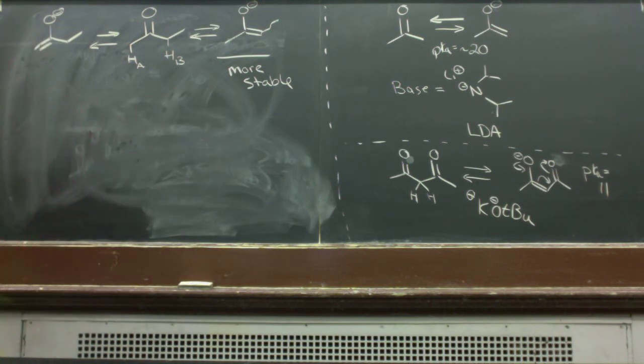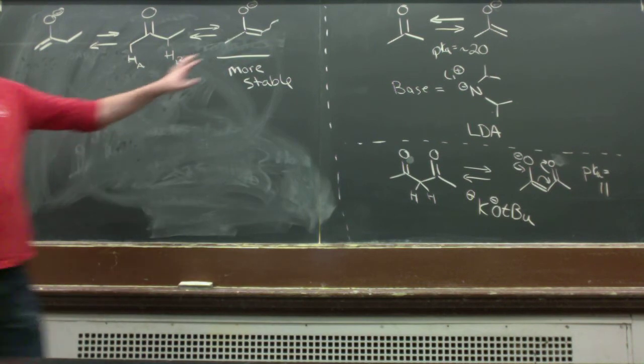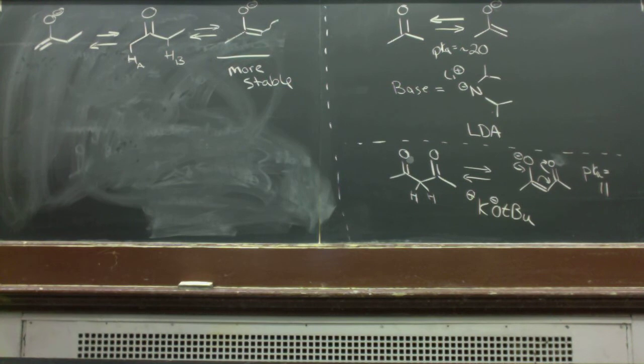If we had something that didn't really worry about the sterics, perhaps you would get to the more substituted one, right? That would be Zaitsev. If you had the bulkier one, it would go towards the less substituted. So that's not the parallel that we're going to draw here. We're going to use these bases, but there's going to be another little trick that we can do. So this is the kinetic, forms fastest.